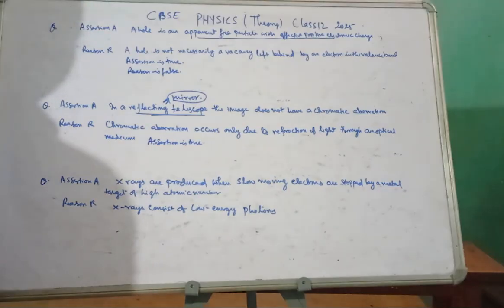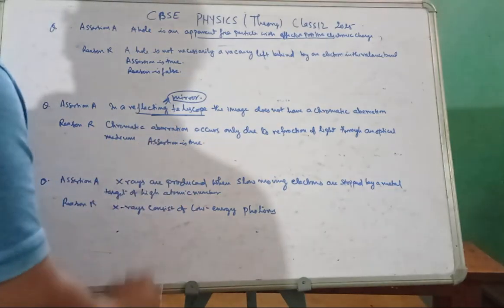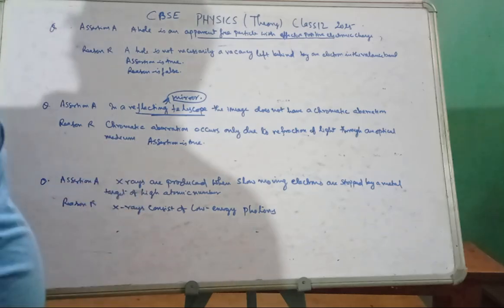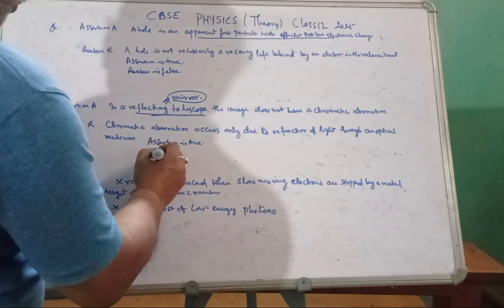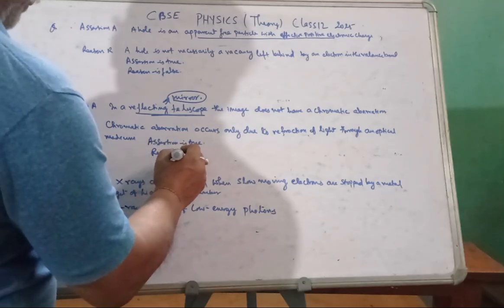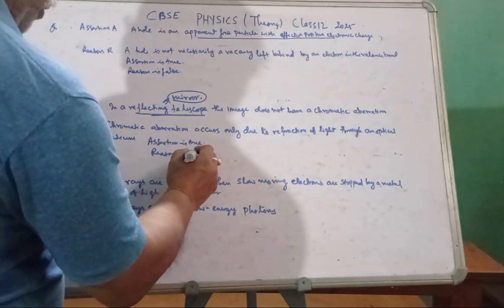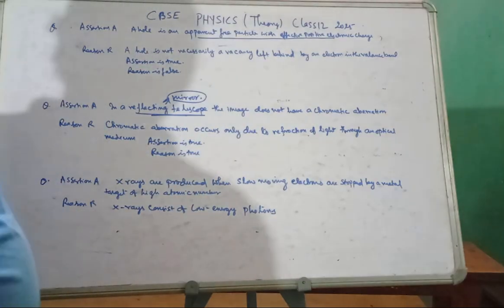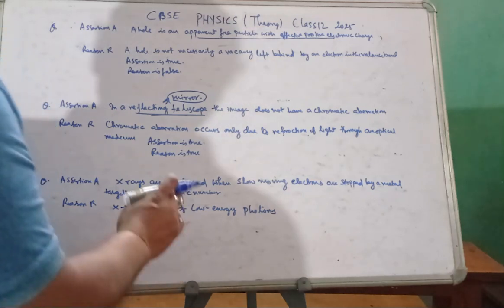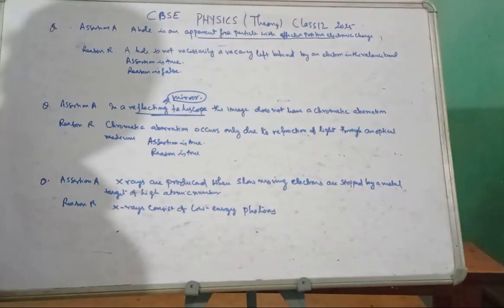And it occurs only due to refraction. Yes, your reason is also true, because chromatic aberration, that is dispersion, occurs only in lenses, so your reason is also true.